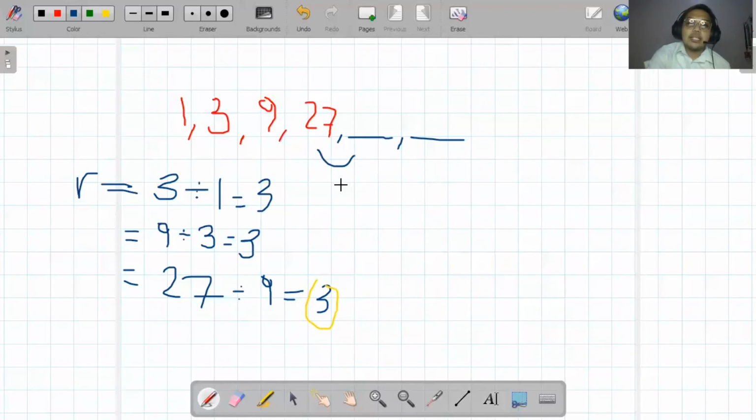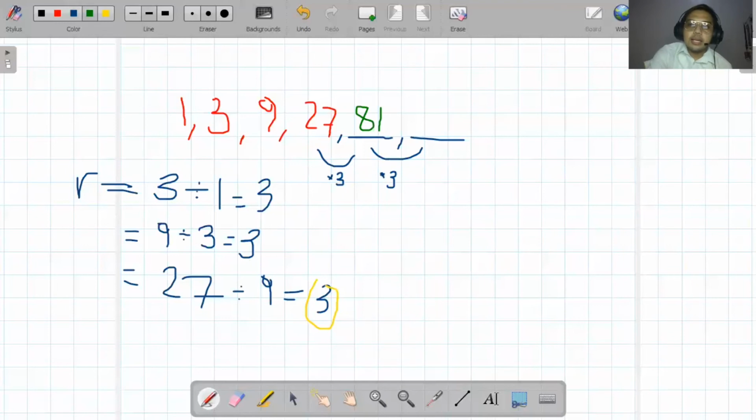So 27 times 3 is equal to, di madas lawas magkalkyo, 3 times 7, 1 carry 2, 21 man, and then 3 times 2 is 6 plus 2 is 8, mo ng 81. And then times na sad 81 times 3. So times 3, 1 times 3 is 3.